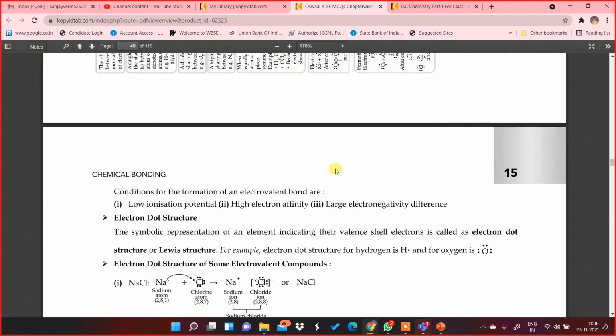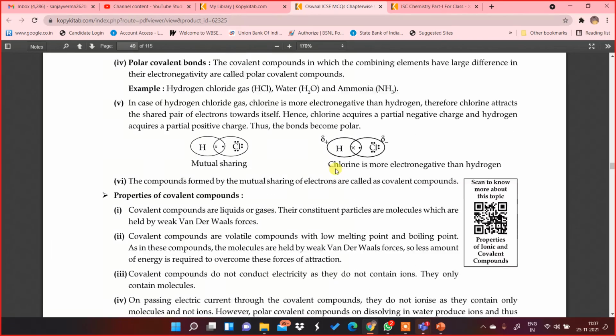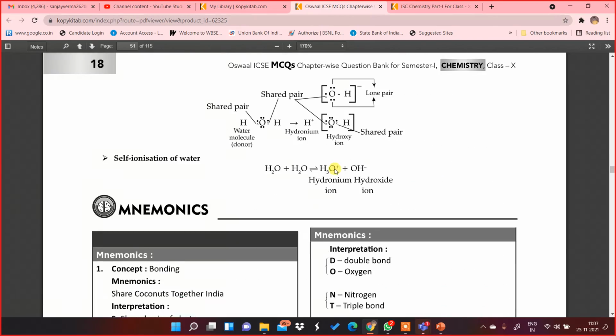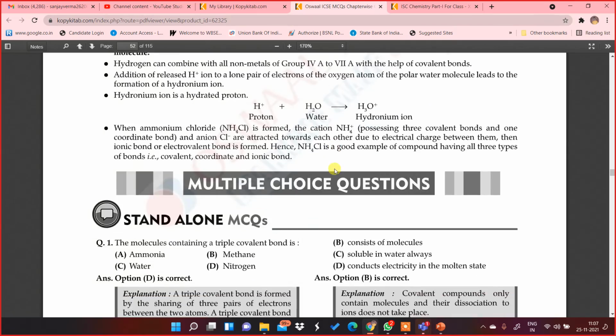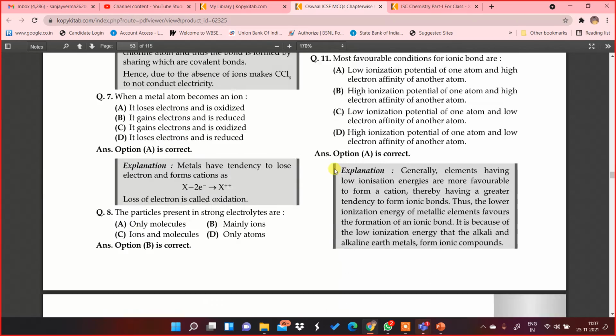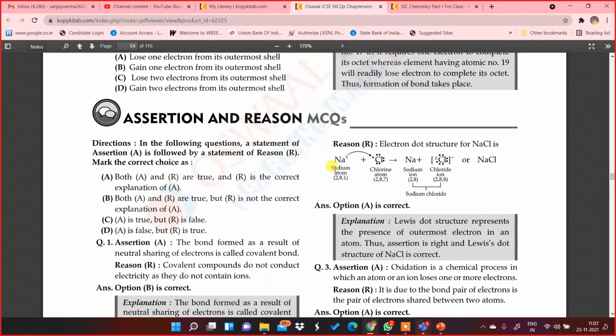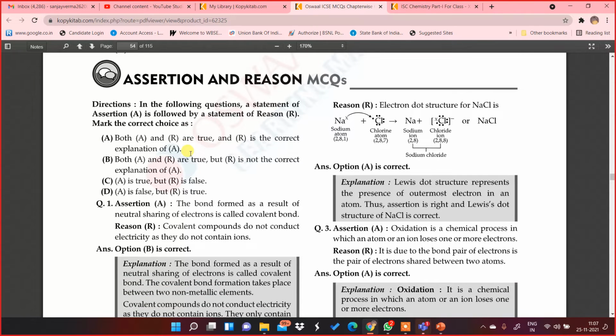Then the next chapter we have is chemical bonding. In this chapter again there are plenty of assertion type questions. A simple standalone question is easy, but assertion type questions are what I want to explain to you. Here, from the chapter chemical bonding, directions are given again.